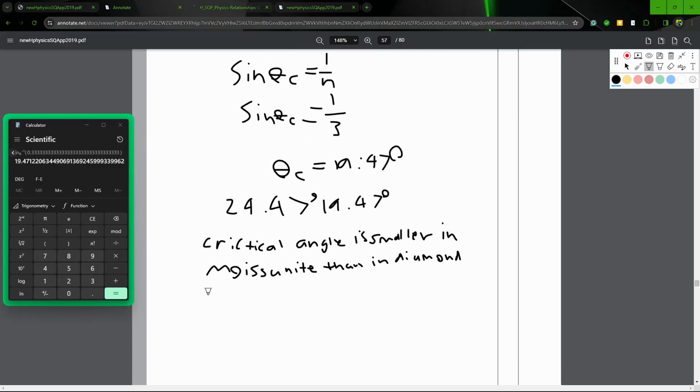So internal reflections are more likely with moissanite, so more sparkle.